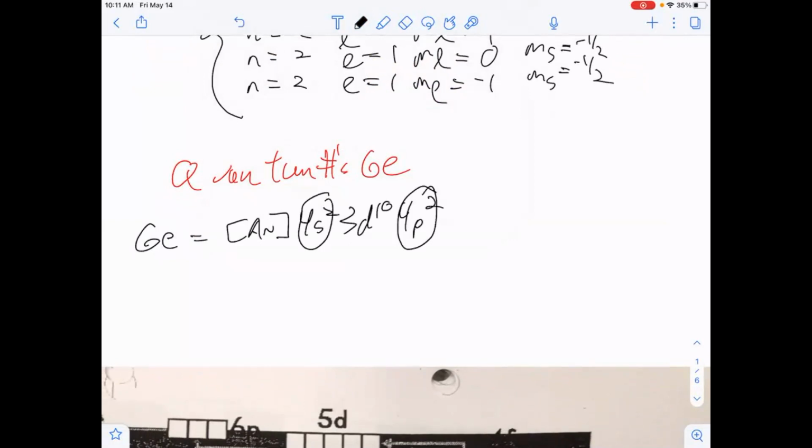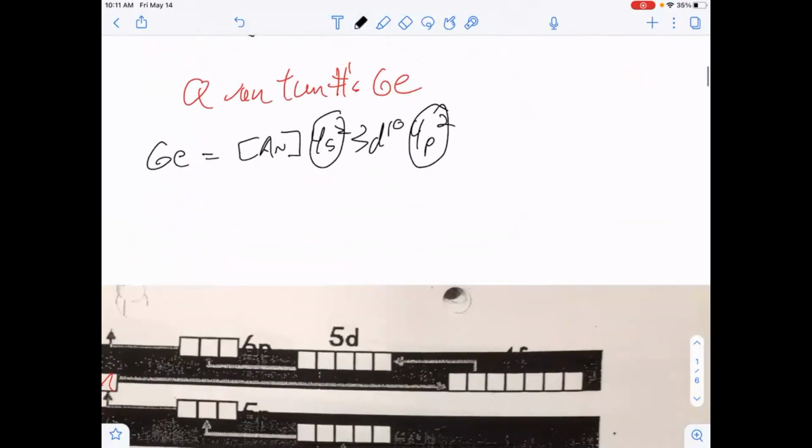So I could say, just give me the valence electrons, and then you'd say, okay, my 4s2s are n equal to 4, L 0, M sub L 0, plus 1/2.